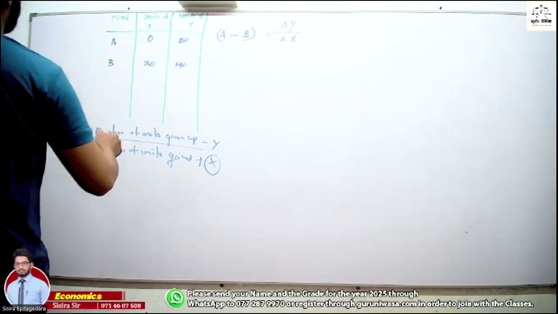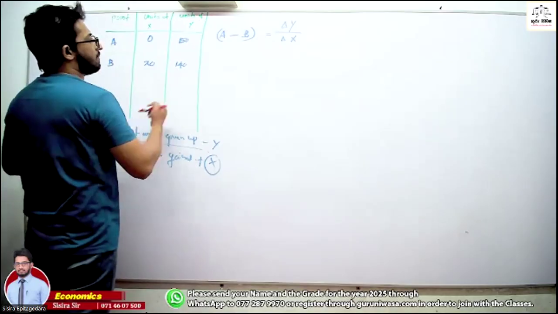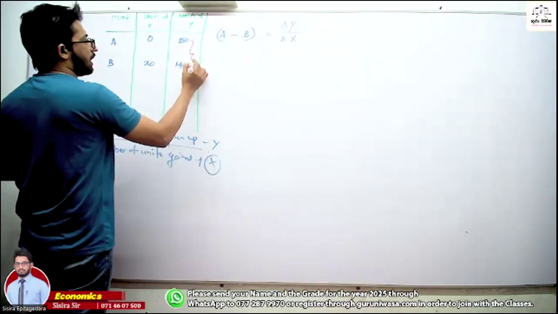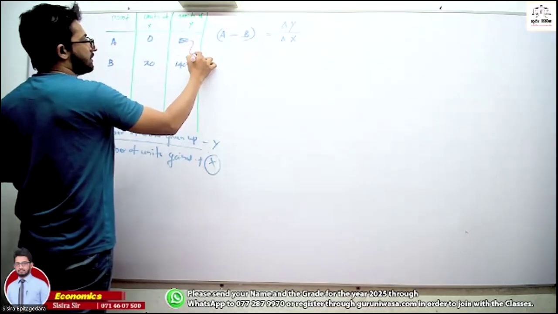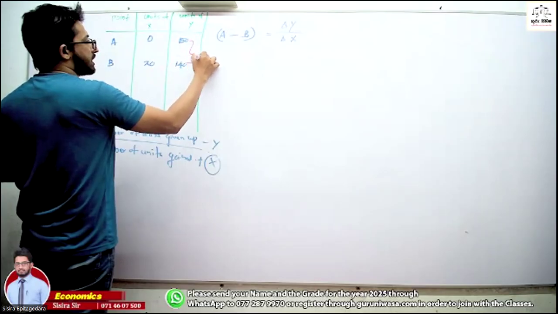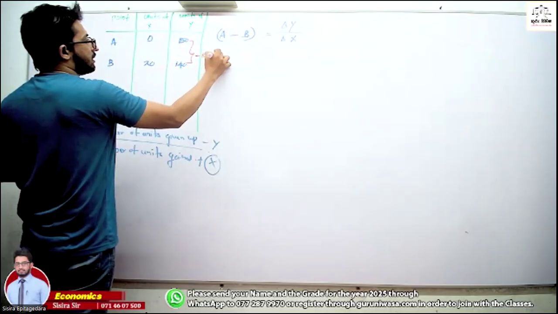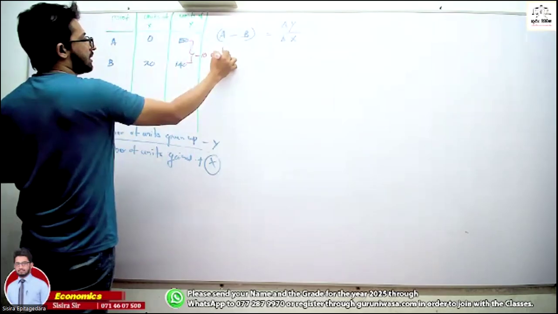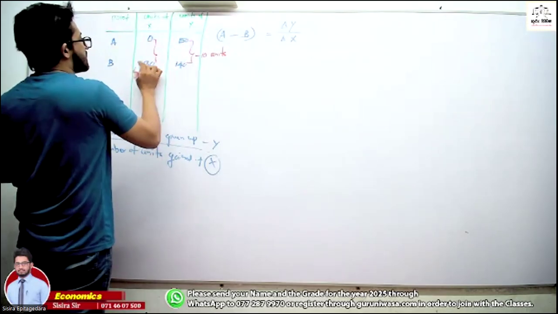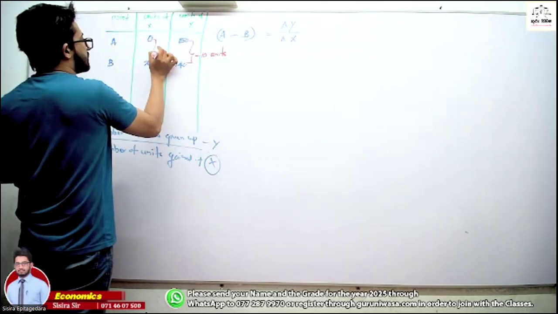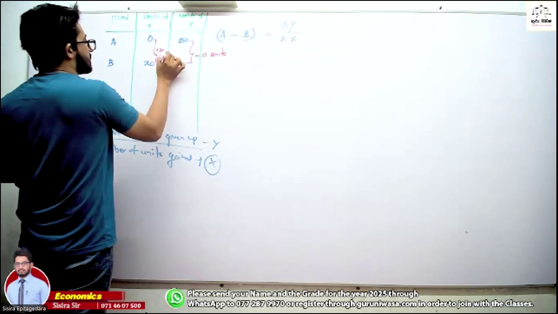When moving from A to B, Y production falls by how many units, Lamai? 150, 140. 10 units. X production rises by 20 units.